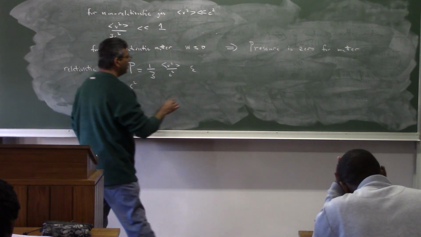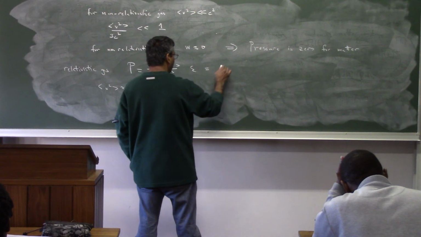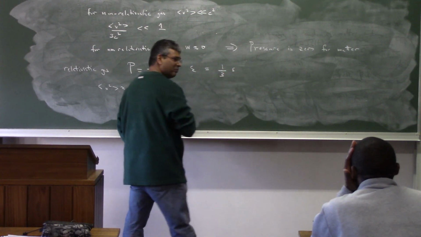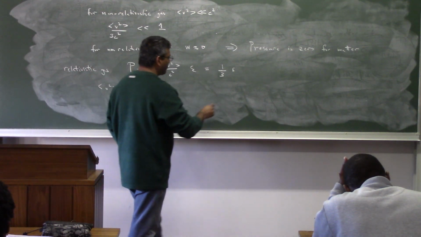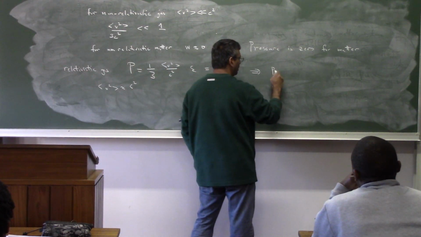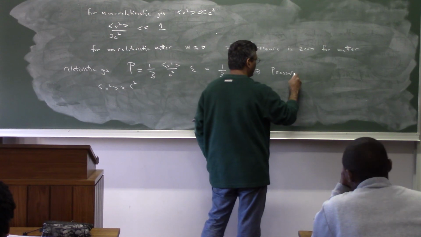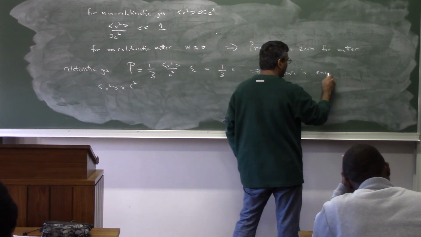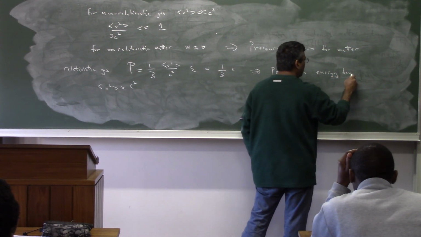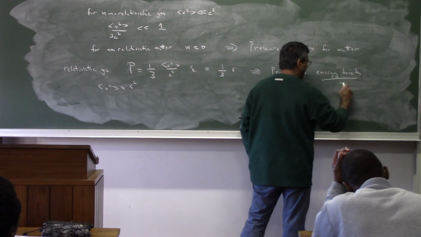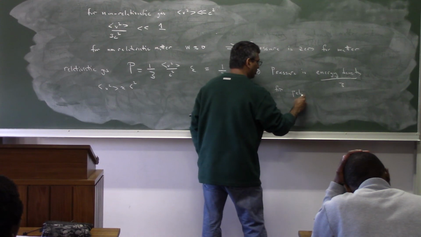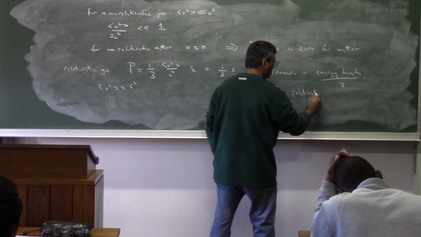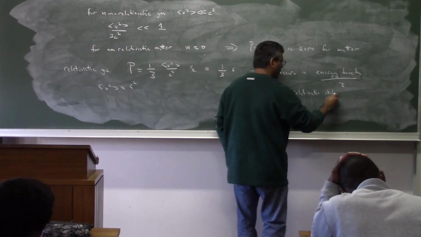So then this equals 1/3 epsilon. So the pressure is the energy density divided by 3 for relativistic stuff like photons.